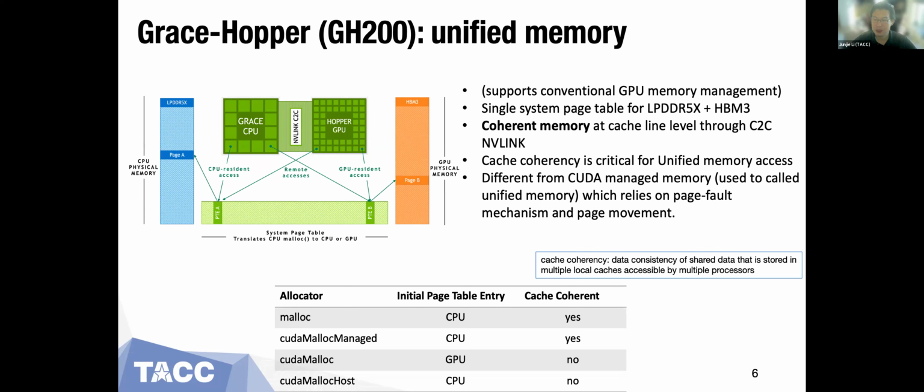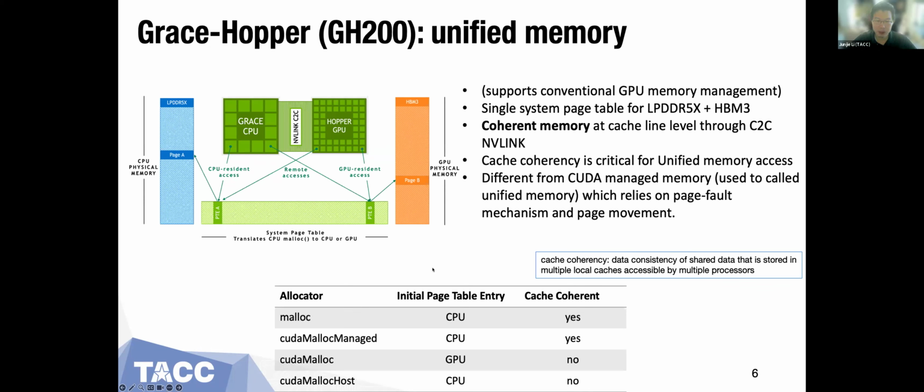You do have a single page table, but you cannot have direct access. The access relies on the page fault mechanism. Once you do a cross-socket access and the GPU sees the page fault, it can move the page over. And that's very expensive because oftentimes you're going to see very frequent page movement. Even if you do a 1-byte access, a whole new page needs to be moved.